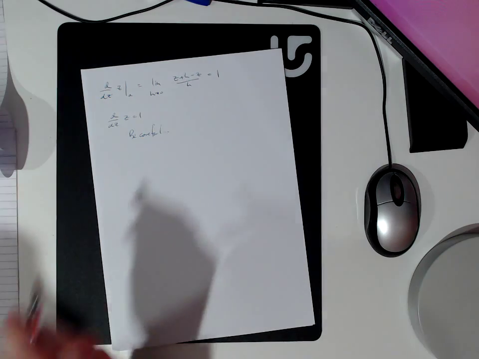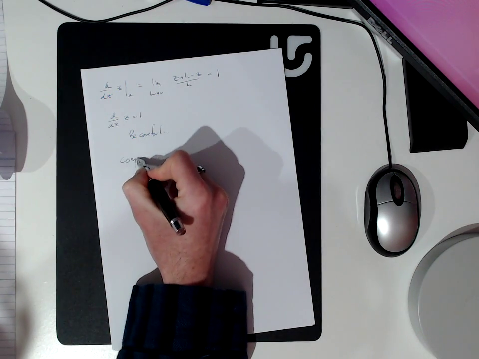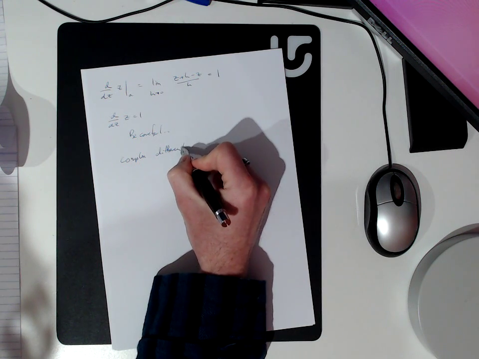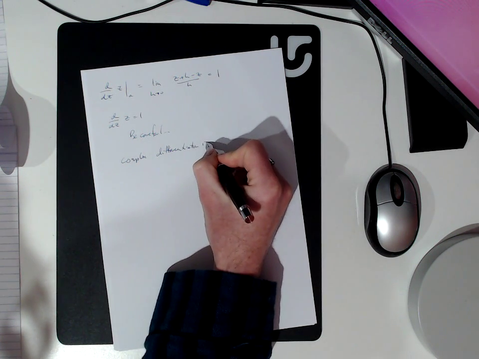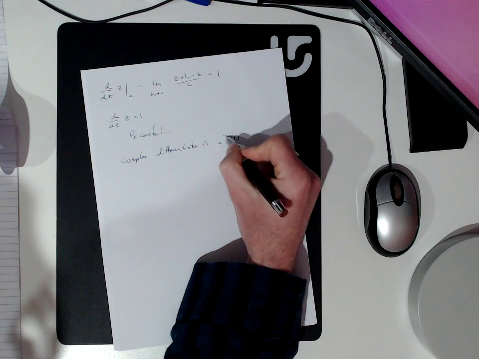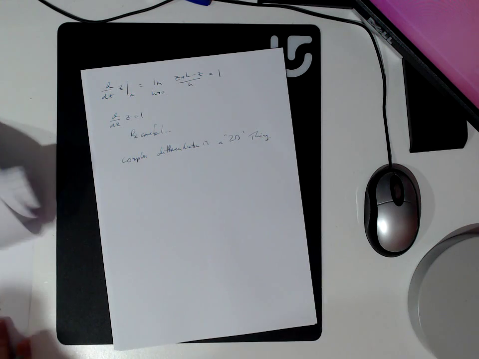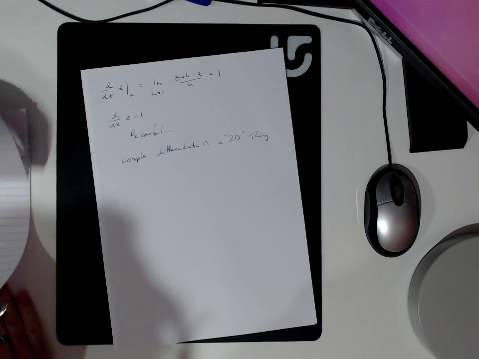So just be careful. Complex differentiation is a 2D kind of thing, not a 1D thing, and real differentiation is a 1D kind of thing.